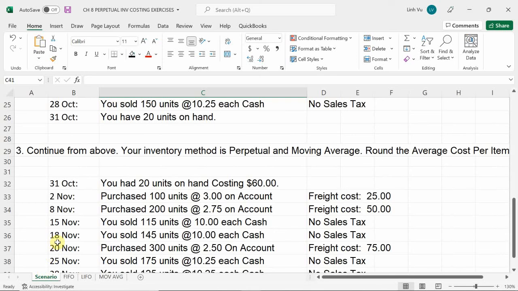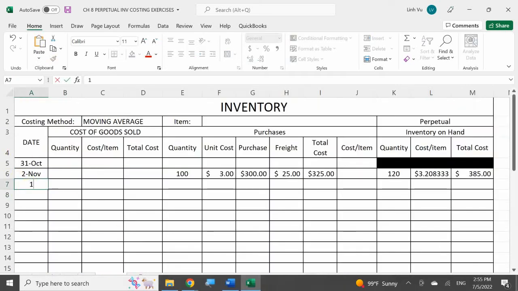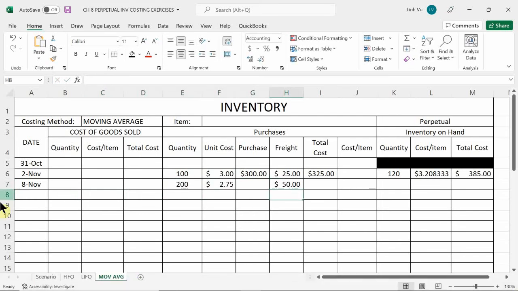All right, then on November 8th, we end up purchasing an additional 200 units at $275 with a freight of 50. So 200 units, 275 and a freight of 50. What is my total purchase price here? 550 plus 50? 600.